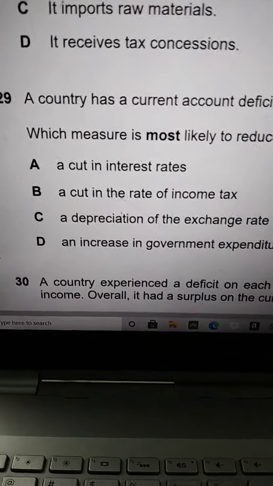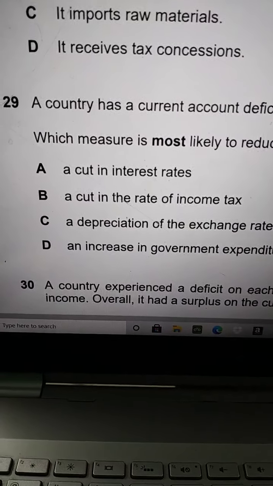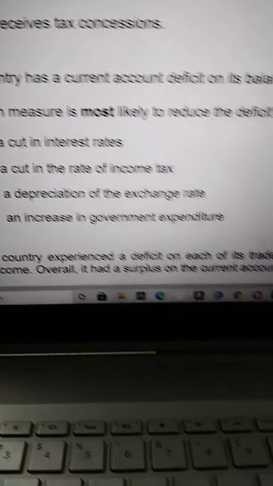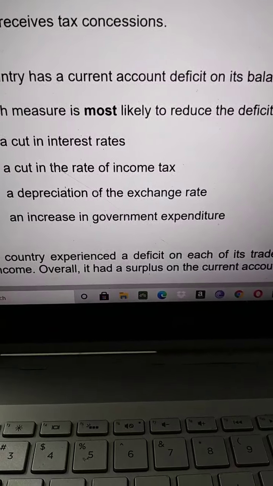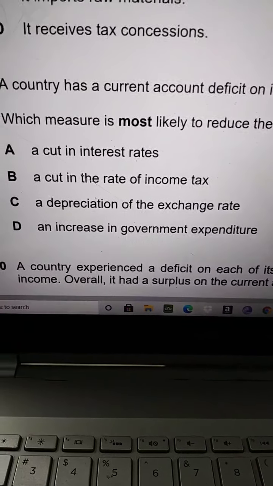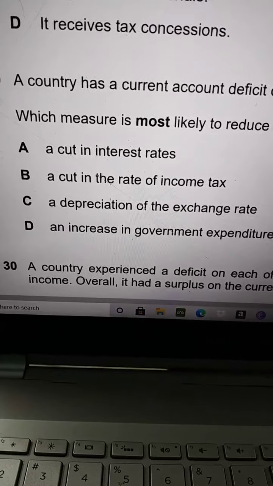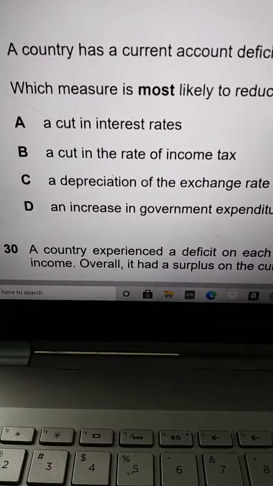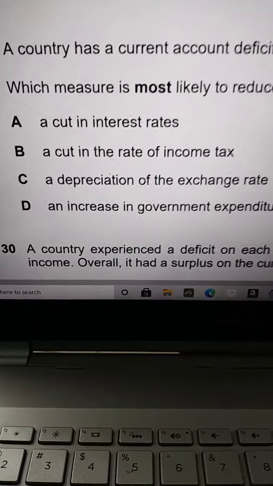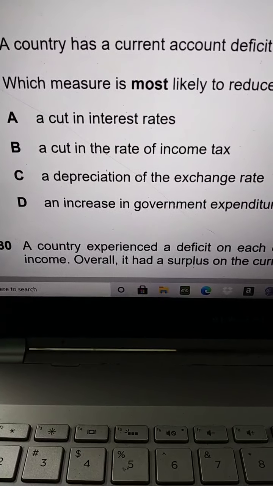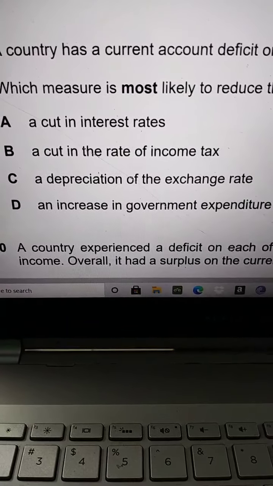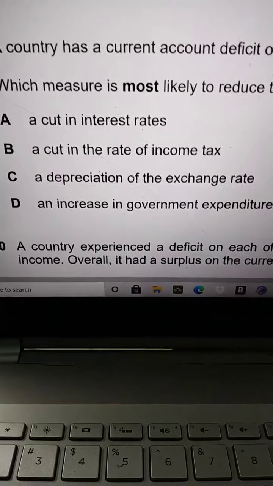Your currency should depreciate, which indicates that you are having a deficit. So it is better to depreciate or devalue your currency right away, so that your currency will become more attractive for others.